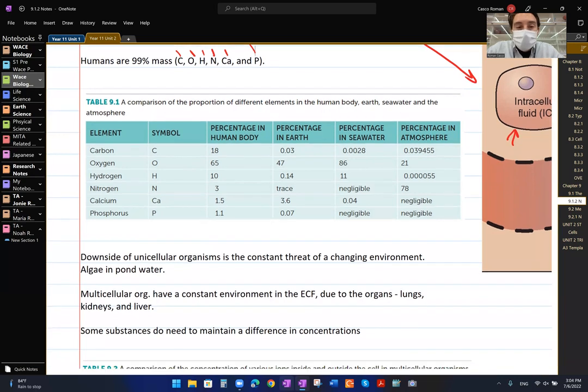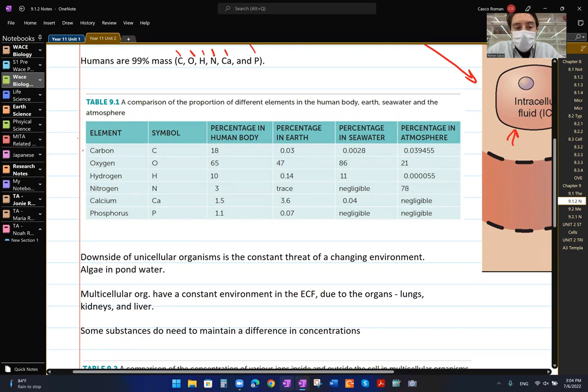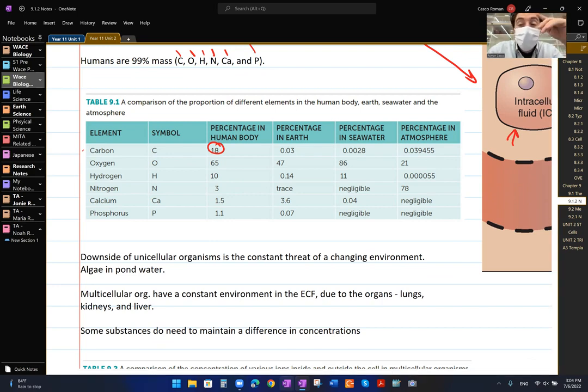What's quite interesting is that when you compare, and I mentioned this to you last term when we were doing a brief overview, among each individual element, carbon takes 18% of the proportion in the human body. Only 18%. You would think carbon would have more because it's the one that has the most skeleton for all the molecules, which is true.